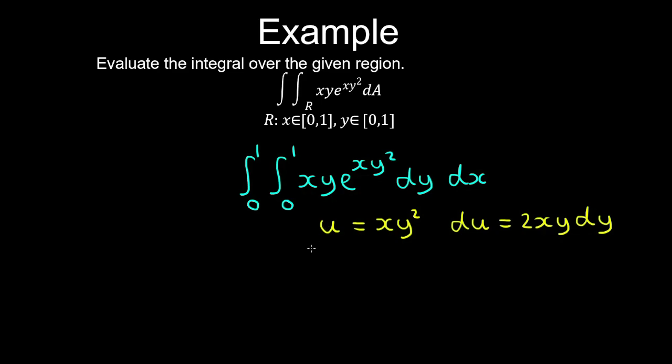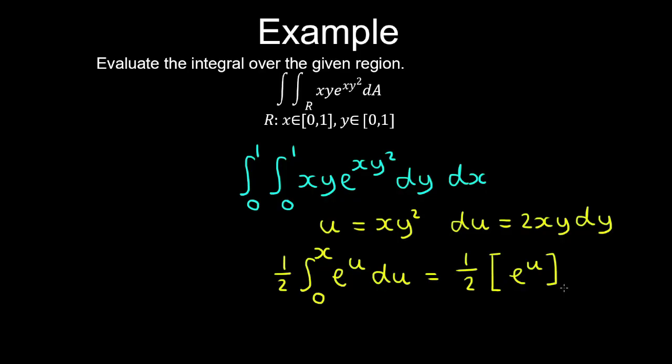So this inner integral becomes the integral of e to the u with respect to u. And when y is equal to 0, u is equal to 0, and when y is equal to 1, u is equal to x. So evaluating this integral, we get 1/2 of e to the u evaluated at u equals 0 and u equals x.